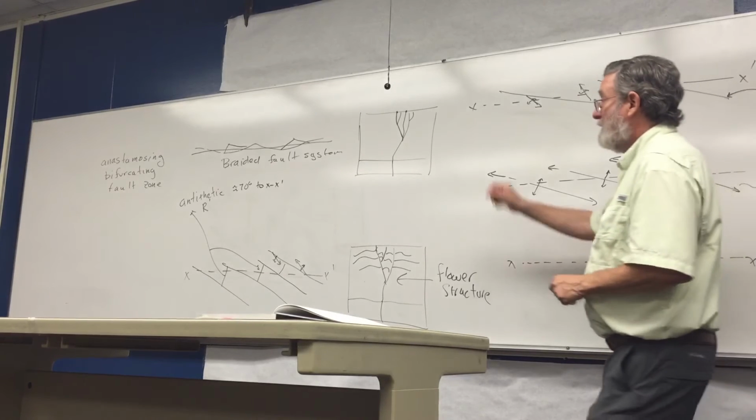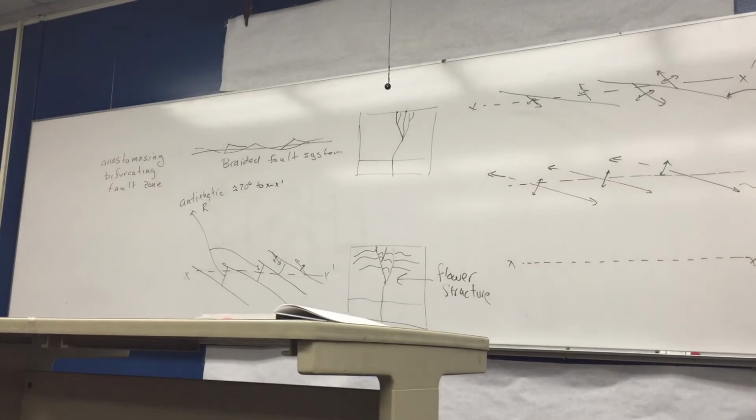So we see several things develop. If we go back again, we're starting down here. We're moving this in a right lateral sense. We begin to fold the sediments on top. Then we see the R faults come in, usually at about a 10-degree angle. These are synthetic. They have the same sense of displacement.